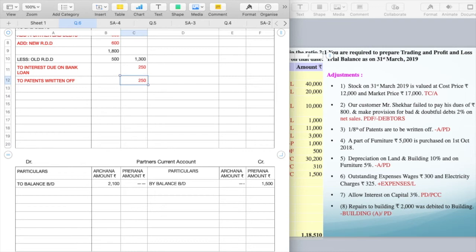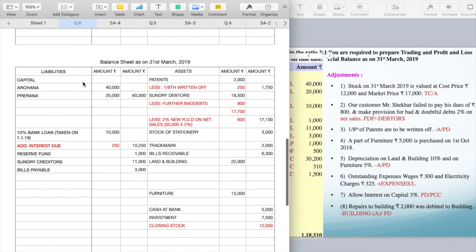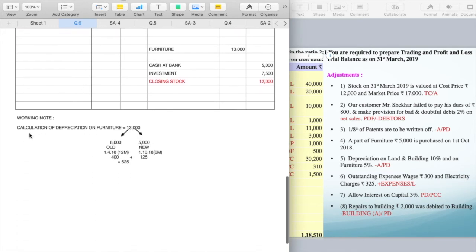Then next, a part of furniture worth rupees 5,000 is purchased on 1st October 2018. It is just information for the calculation of depreciation. So I've made a working note here, calculation of depreciation on furniture. The total value of furniture is 13,000, out of which 5,000 we purchased on 1st October 2018.